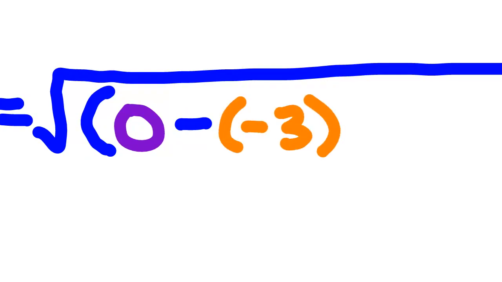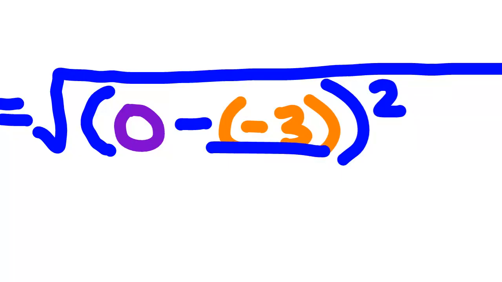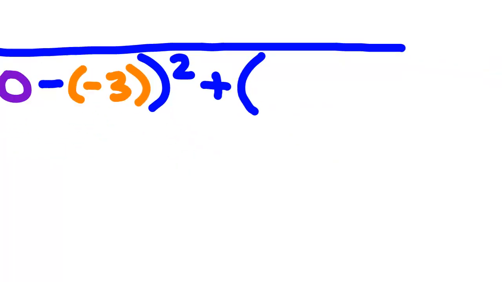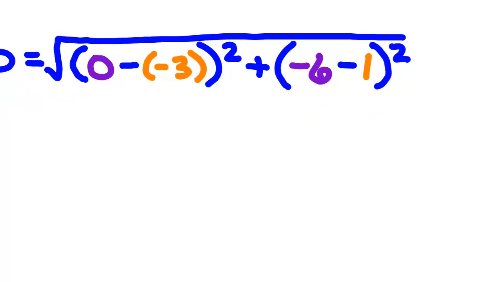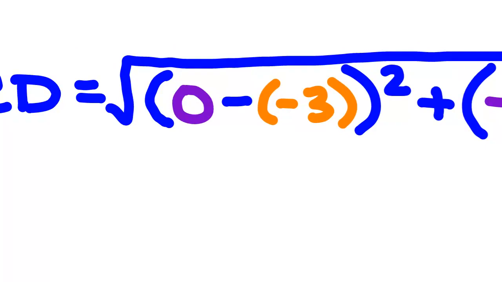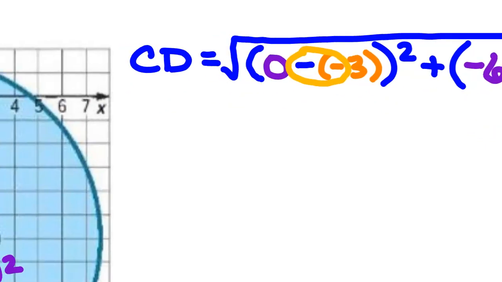So he goes inside his own special set of parentheses, close my parentheses and square that, plus y2, which is -6, minus y1, which is 1, close my parentheses and square that. Now, what happens back here where we are subtracting a negative? Yes, it's going to turn into addition.